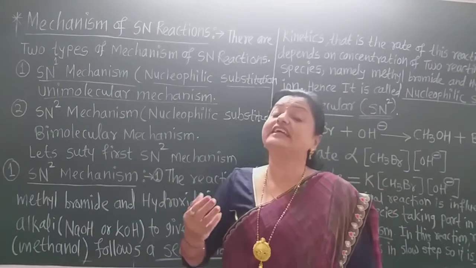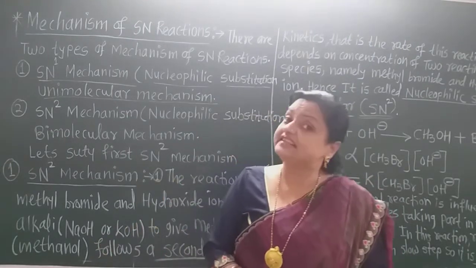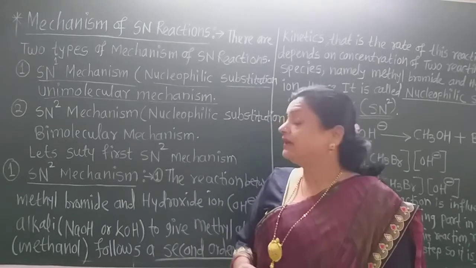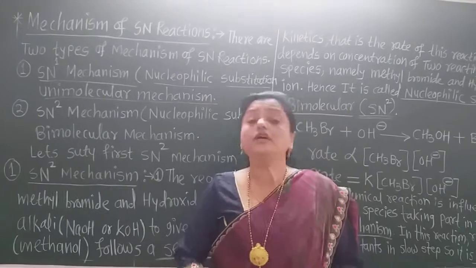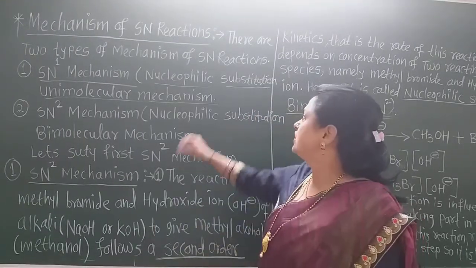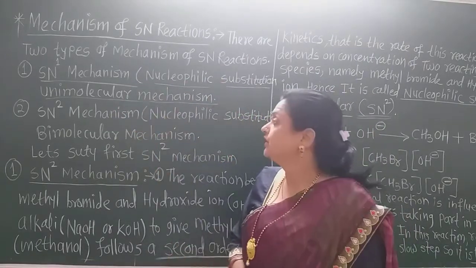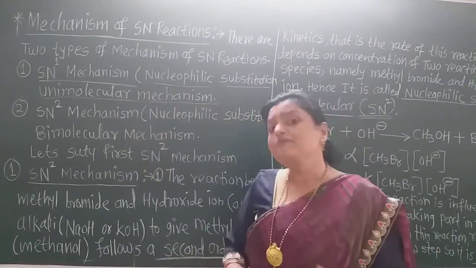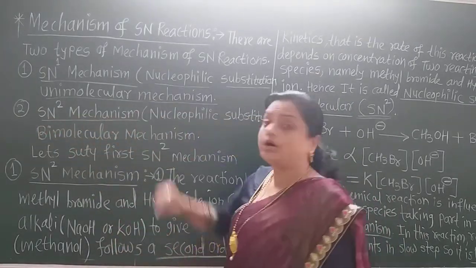One nucleophile gets replaced by another nucleophile in that reactant, that is the alkyl halide, and therefore if the rate of the reaction depends on only one reactant concentration, then that reaction is called the nucleophilic substitution unimolecular mechanism. Now the second type we have to learn is the SN2 mechanism.